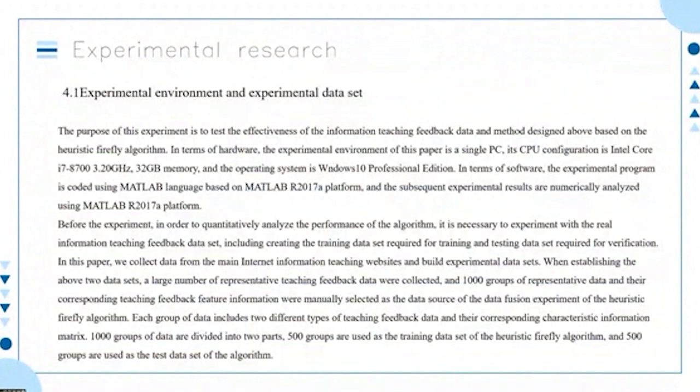When establishing the above-two data sets, a large number of representative teaching feedback was collected, and each group of the data includes two different types of teaching feedback data, and they corresponding the characteristic information metric. And 10,000 groups of data are divided in two parts. 500 groups are using as a training data set on the heuristic Firefly algorithm, and 500 are used as the test data set of the algorithm.